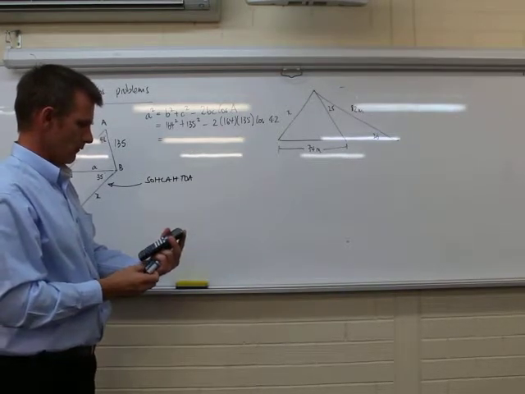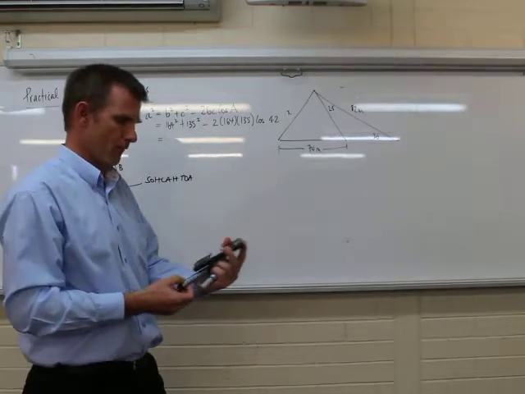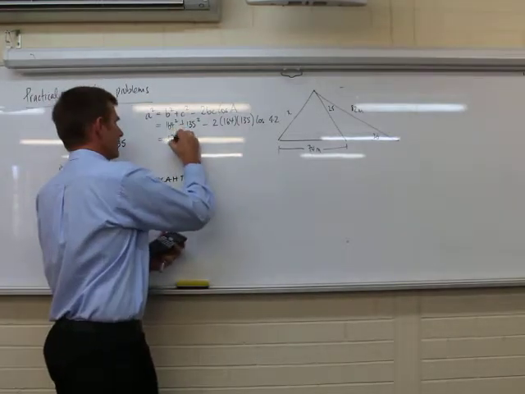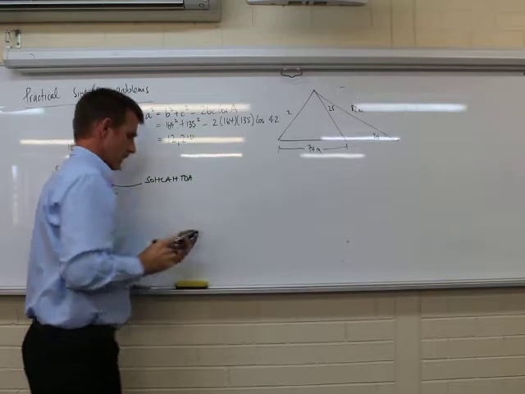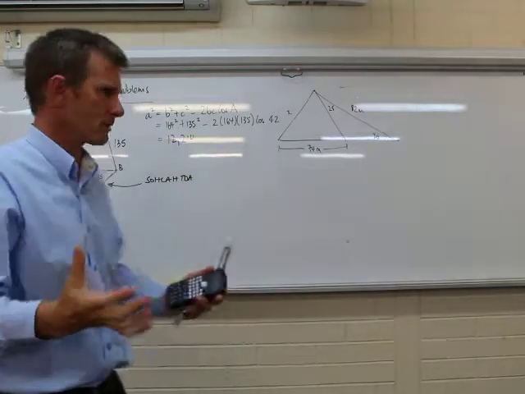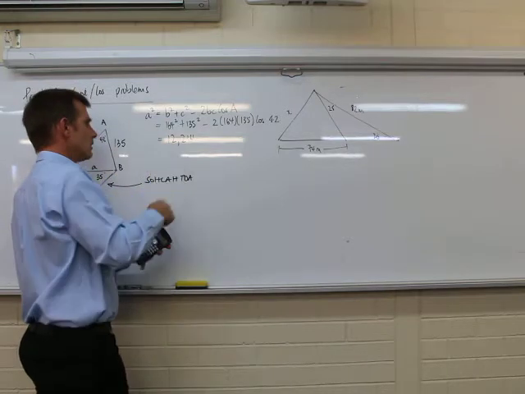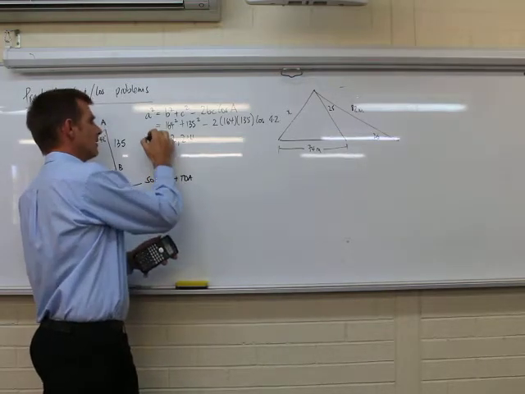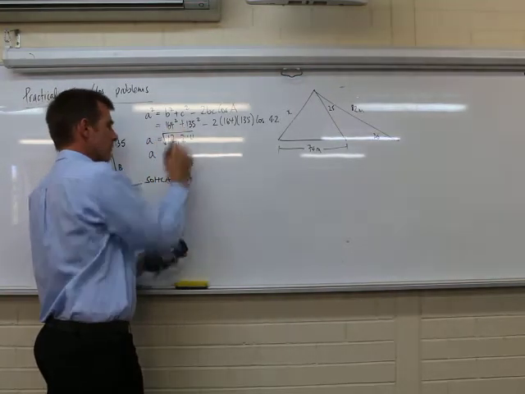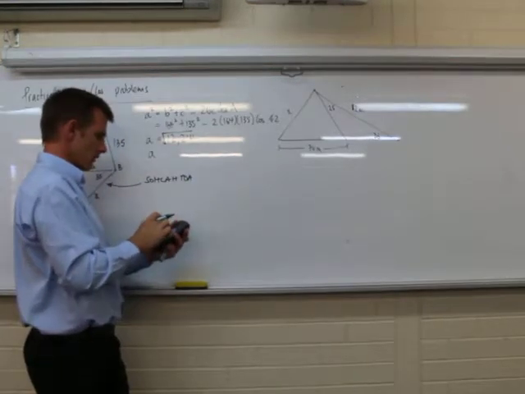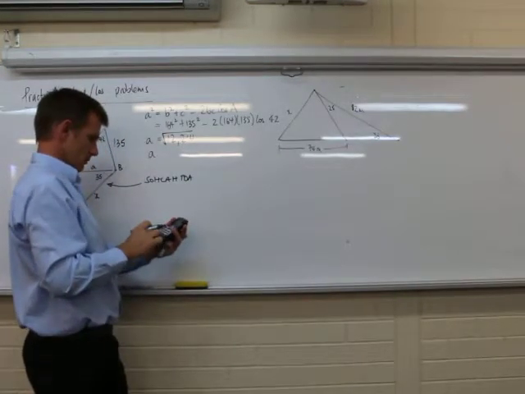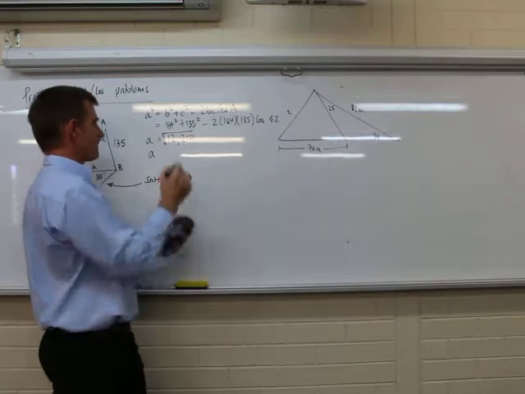I get an answer of 12,214. Now that's pretty big, and we're thinking, hang on, something's wrong here. Not really, because we've worked out A squared, haven't we? So to work out A, I would have to take the square root of that. If I take the square root, I get 110.52.